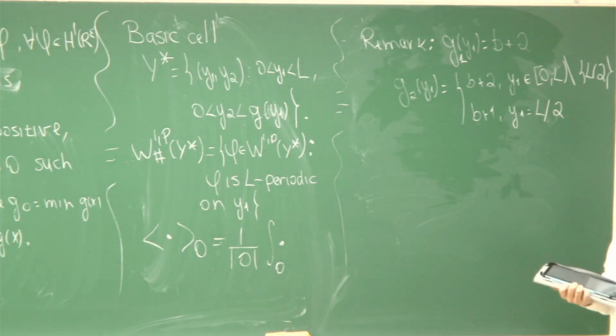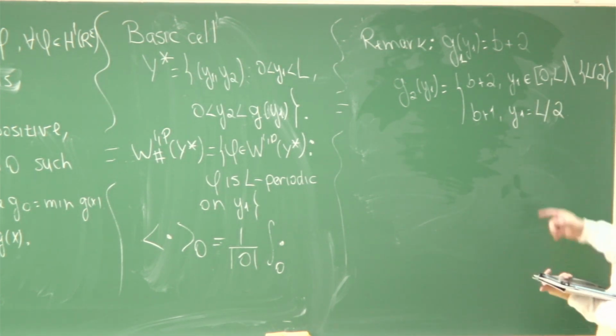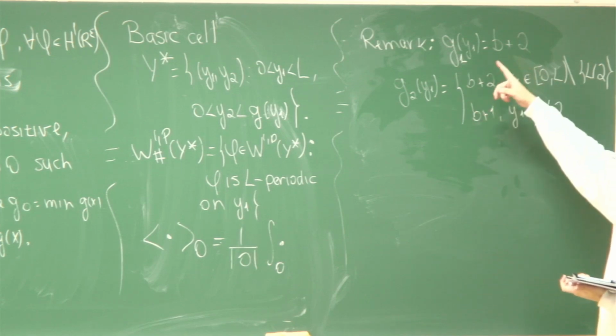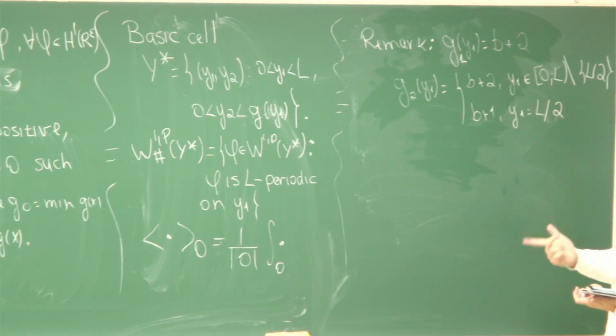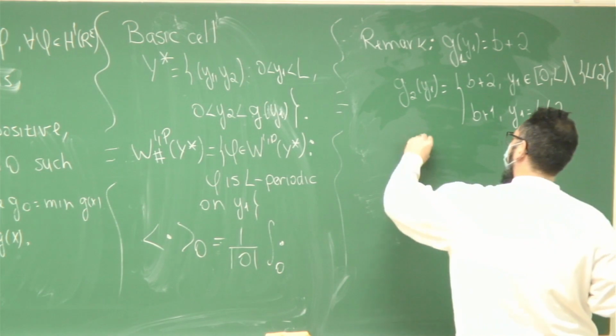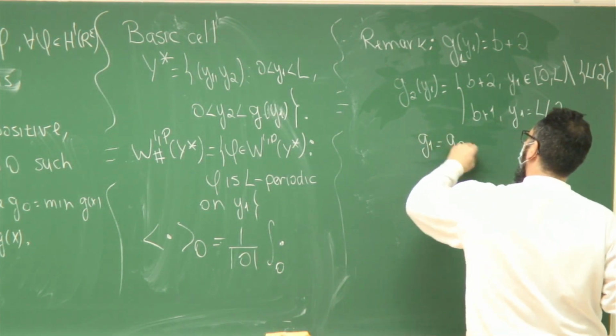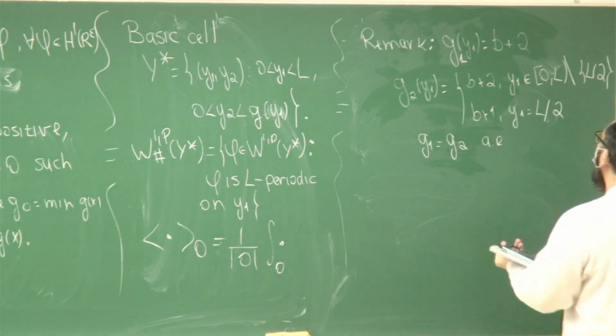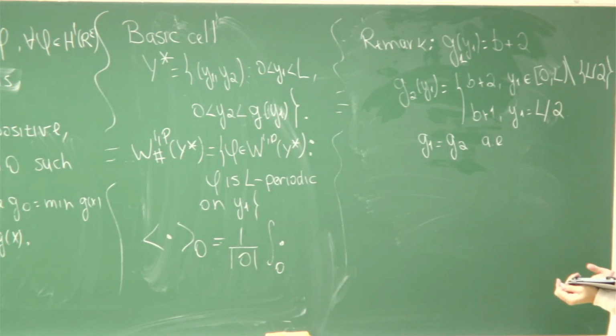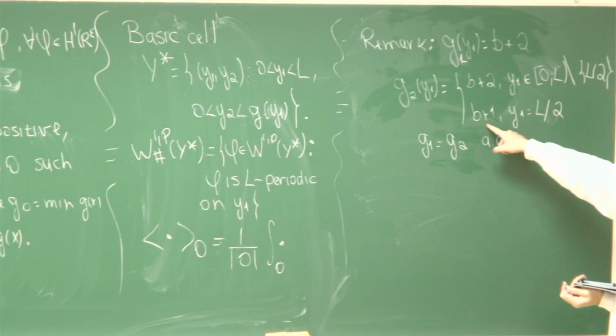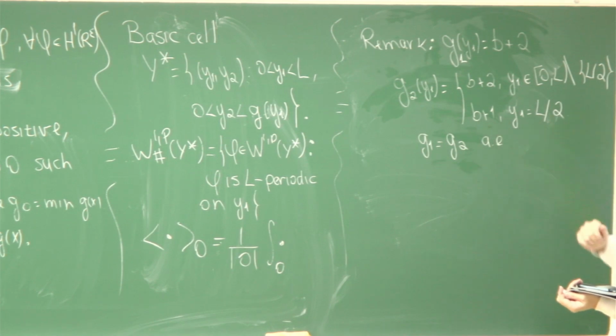It's a little bit obvious that these two functions are equal almost everywhere in 0L, but they're not exactly equal everywhere. So what happens here?